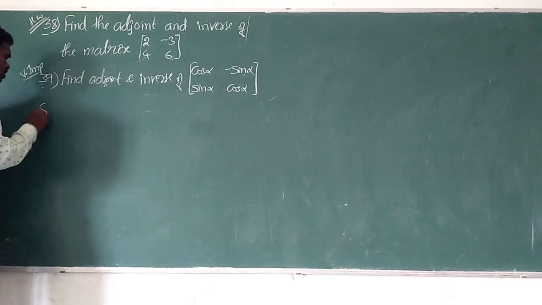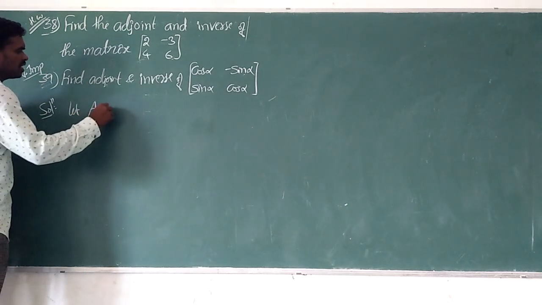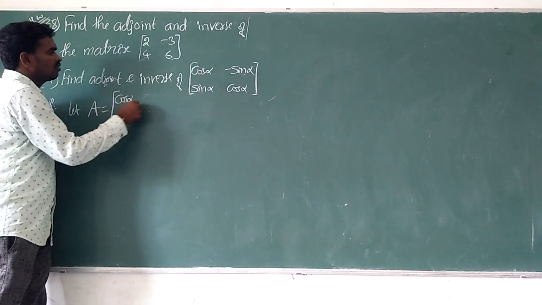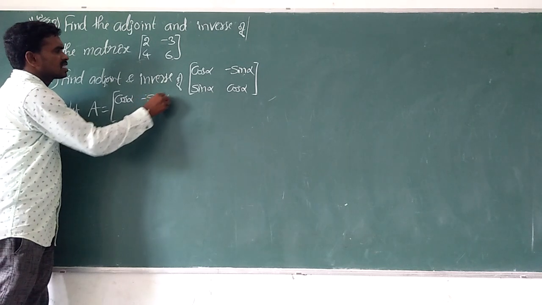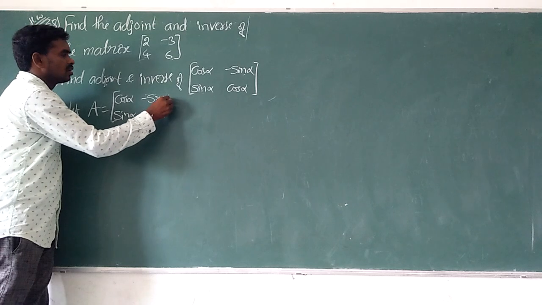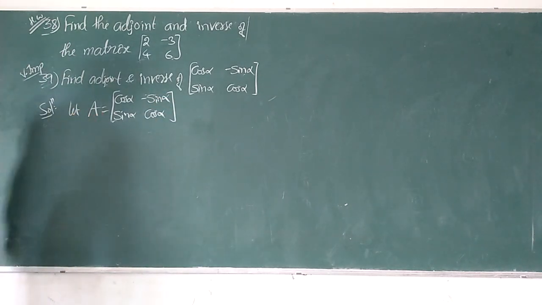Okay, solution. Let the given matrix A equal cos alpha, minus sin alpha; sin alpha, cos alpha. This is the given matrix A.